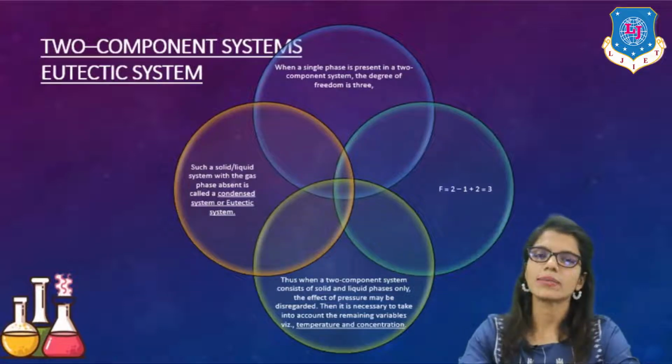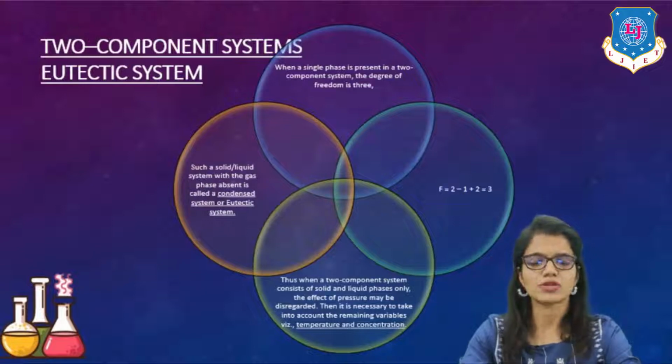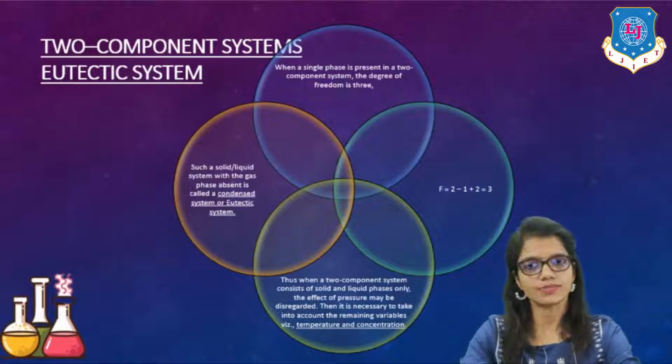And when we take temperature and concentration into account, such a system is known as a eutectic system, in which only solid and liquid parts are present, while the gaseous part is absent. So such a solid-liquid system with the gas phase absent is known as a condensed system or eutectic system.